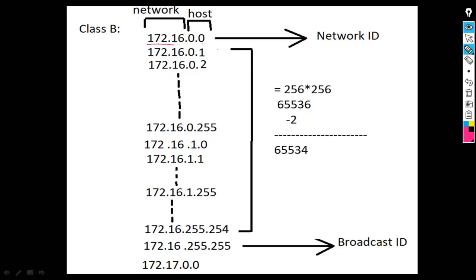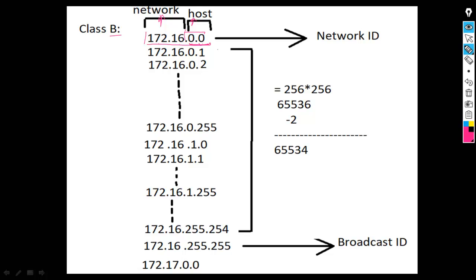This IP belongs to class B and the default subnet mask of class B is 255.255.0.0. So this portion belongs to network ID and this portion belongs to host ID. Now, this is the first IP of this network, so this will be our network ID.